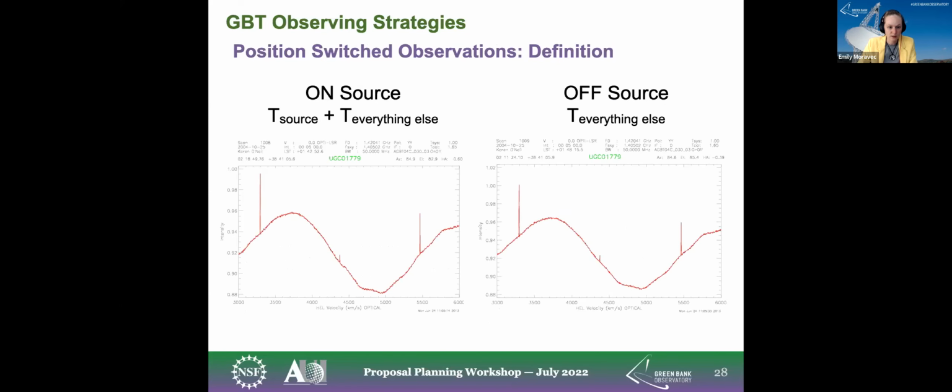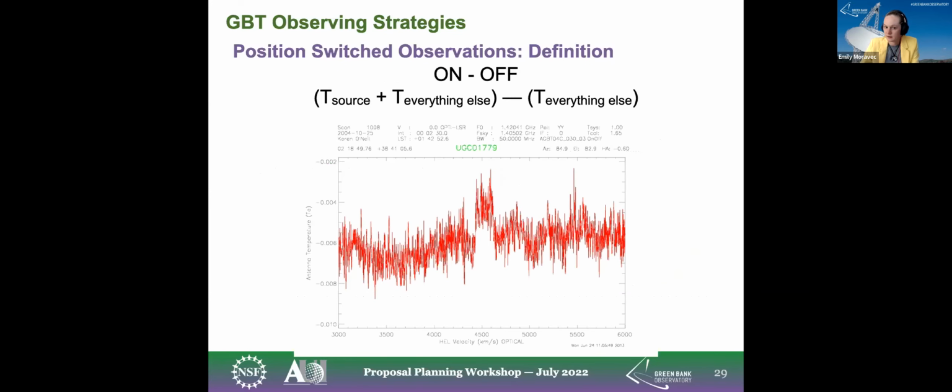And you effectively then can just subtract out the off source and derive your reference data. And you can kind of see, actually about 4,500 kilometers per second, there's a little blip there in the T source plus everything else, so the on versus the off, and then basically subtract it out and you get your line that you are interested in.